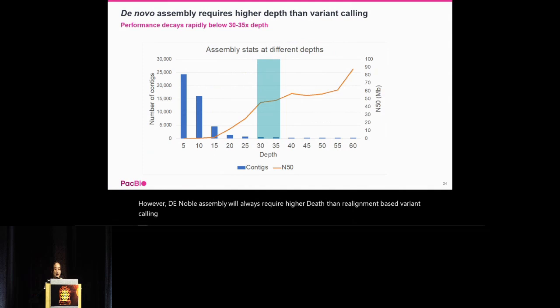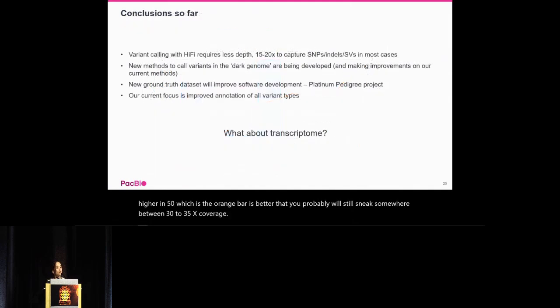We see that by looking at the number of contigs, where fewer contigs is better, and higher N50, which is the orange bar, is better, that you probably will still need somewhere between 30 to 35x coverage. So this is the conclusion so far for genomic depth: somewhere between 15 to 20x for capturing variants and 30 to 35x for genome assembly.